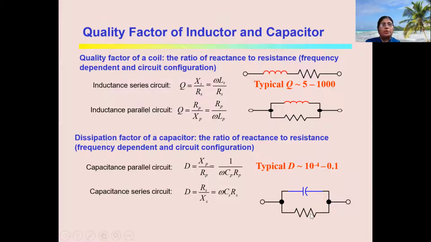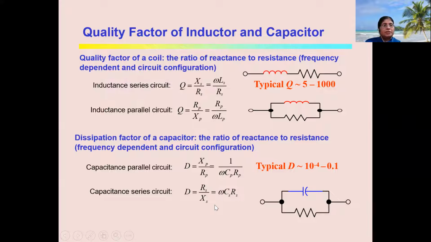Since the parallel combination is taken, P is used as a subscript, so I can write X P upon R P. The value of X is equal to 1 upon omega C, so X P is equal to 1 upon omega C P. With R P in the denominator, the dissipation factor of the capacitor is equal to 1 upon omega C P R P. Now, if the capacitor is connected in series with the resistance, then the dissipation factor will be equal to the resistance upon the reactance of the capacitor.